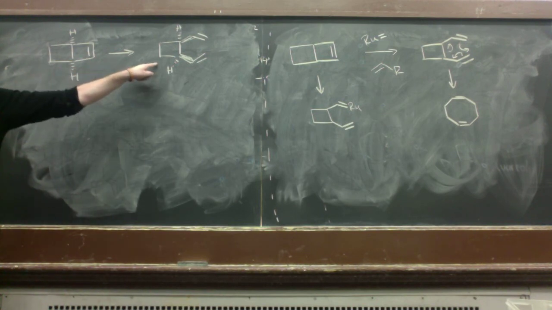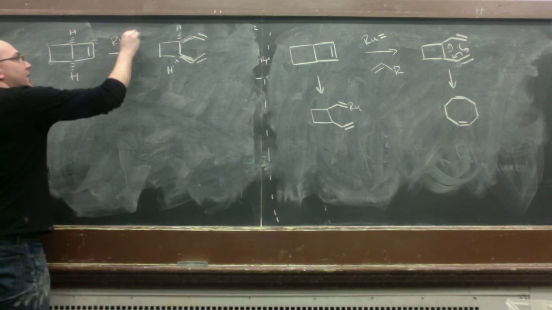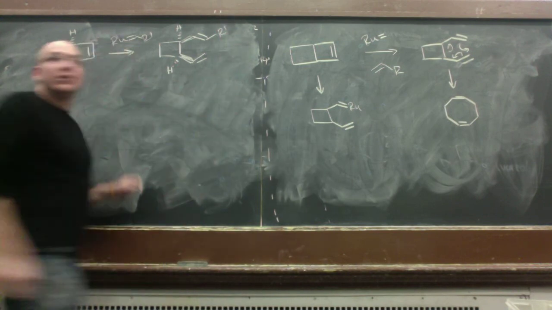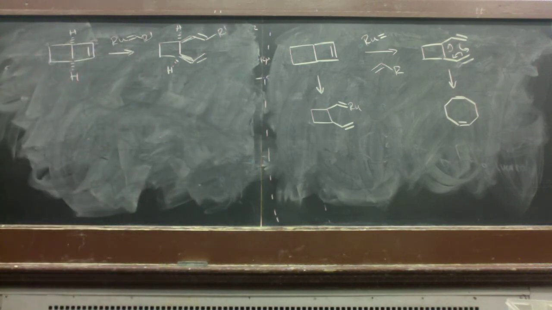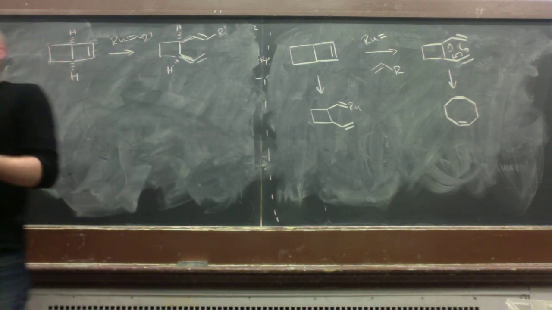It's meso. But if you can desymmetrize that, for example by selectively reacting with one of these, you take those two chiral centers, and by desymmetrizing the molecule, you now generate chirality over a molecule. So you basically take the stereogenic centers, desymmetrize the molecule, and you can do asymmetric catalysis.